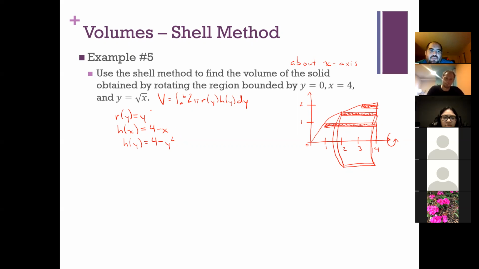Basically, it comes from inverting this guy here. So we have our radius expression in y, we have our height expression in y. So now we can finish populating this integral. Let me know if you're okay with this.